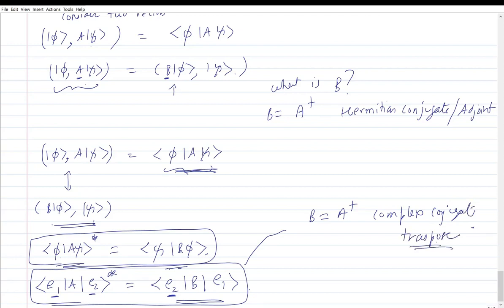So the matrix becomes a complex conjugate transpose, I represent it by B equals A dagger. Yeah, so that's essentially it. In terms of outer products, it's rather easy to see in terms of the bracket notation.